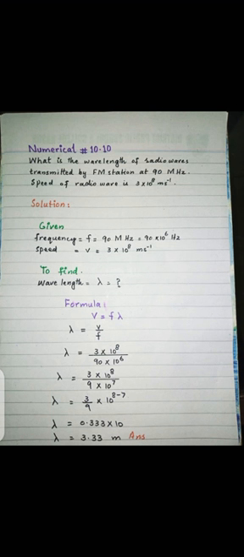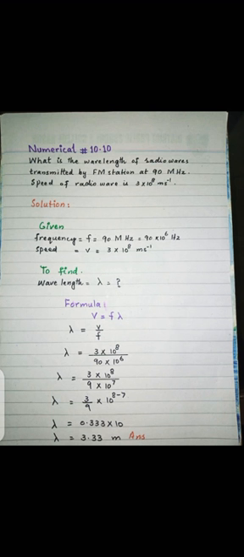From this statement, come toward the given. The given is frequency which is equal to 90 megahertz, and we know that mega equals 10 raised to power 6. So by converting into the standard unit which is hertz, 90 megahertz will be equal to 90 multiplied by 10 raised to power 6 hertz.